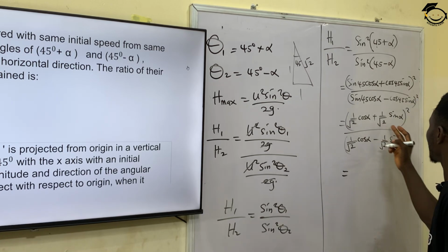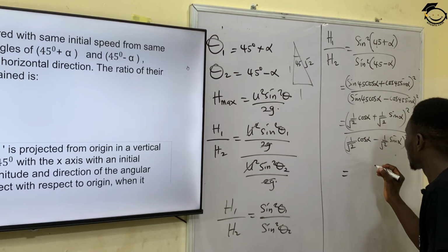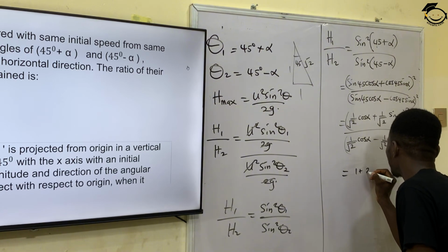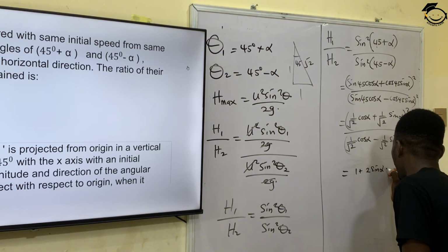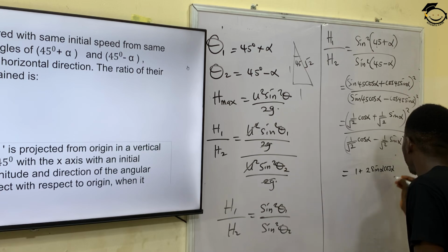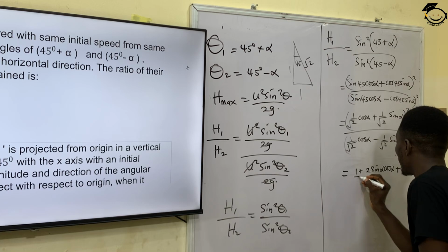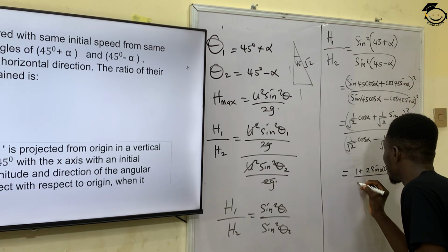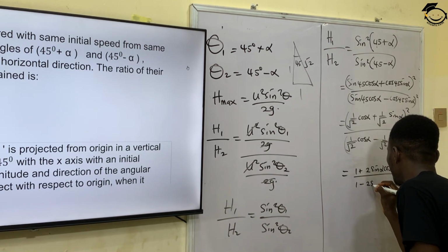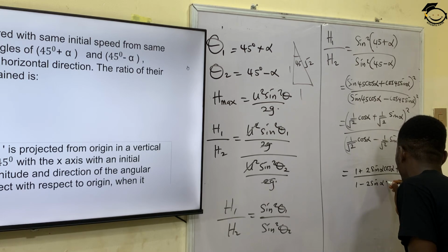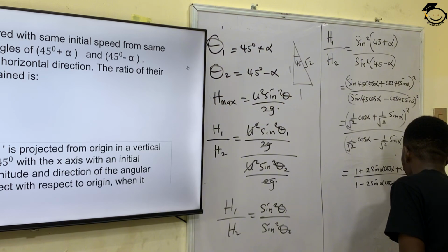So if you expand this, at the end of the day you are going to have 1 plus 2 sine alpha cos alpha plus cos square alpha over 1 minus 2 sine alpha cos alpha plus cos square alpha.